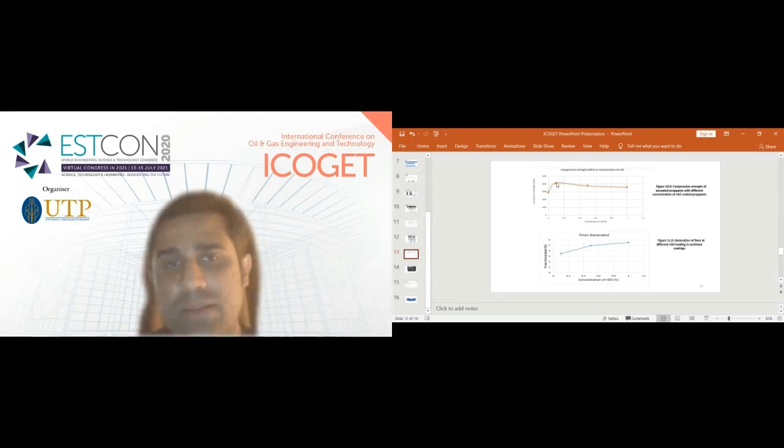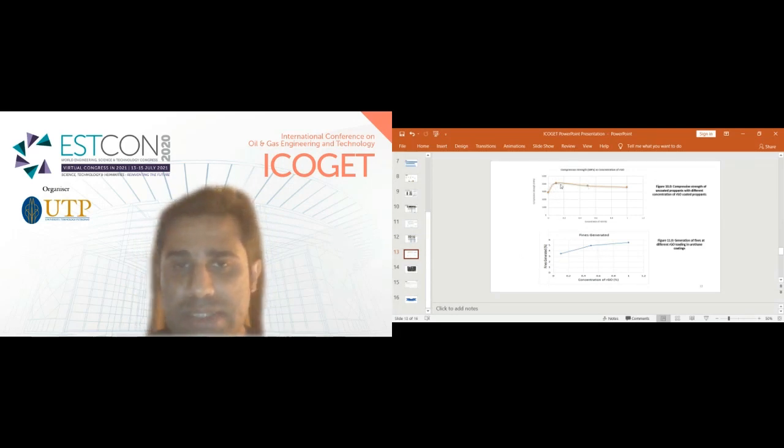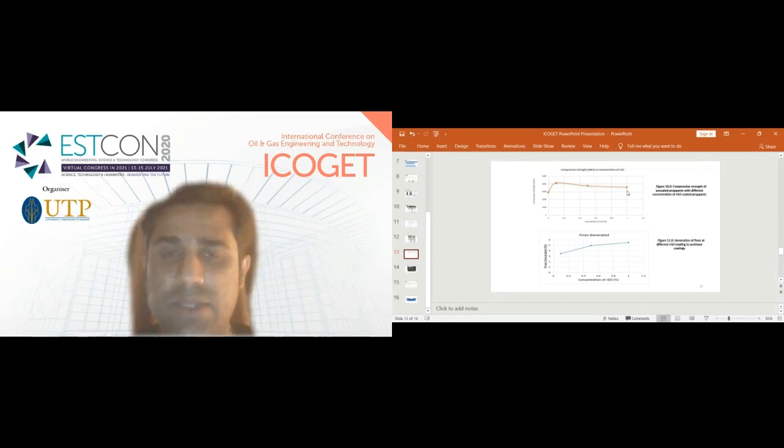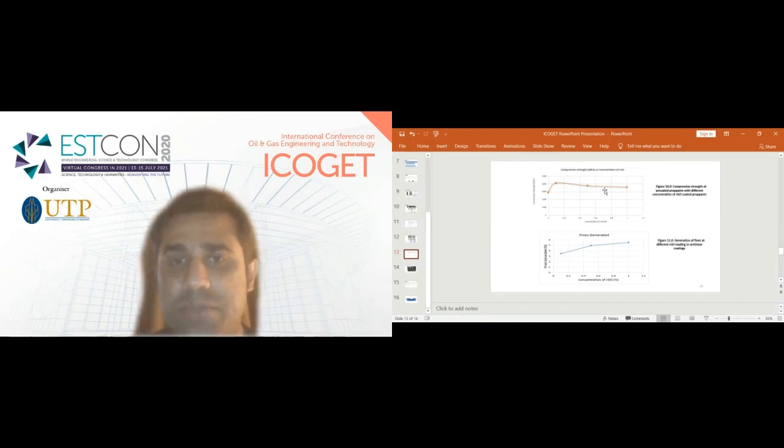But as the concentration is increased from 0.1 to 0.5 weight%, we see a decrease in the compressive strength, and as the concentration is further increased to 1 weight%, we see a further decrease in the compressive strength of the coated glass bead propellant. Now this decrease is again attributed to the agglomeration of the graphene oxide layers. This agglomeration is mainly attributed to the presence of more profound hydrogen bonding between the graphene oxide layers.